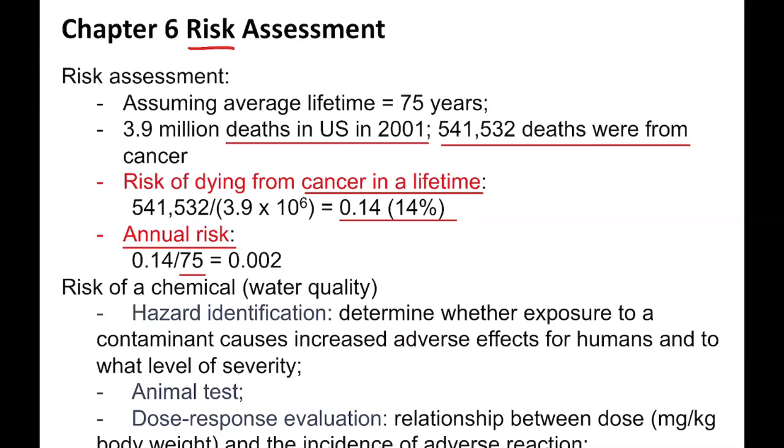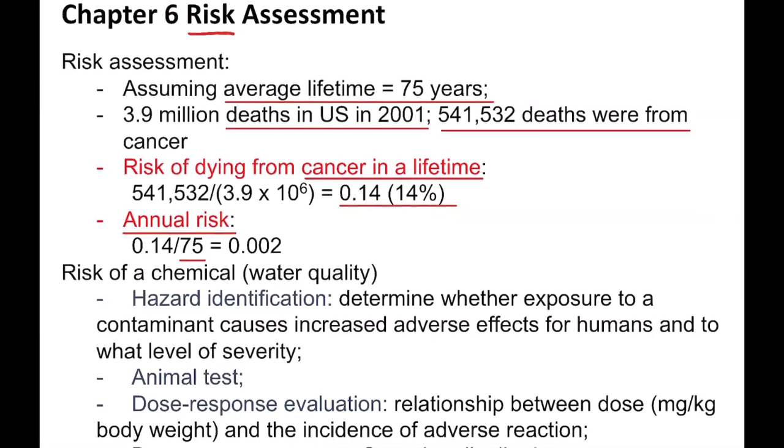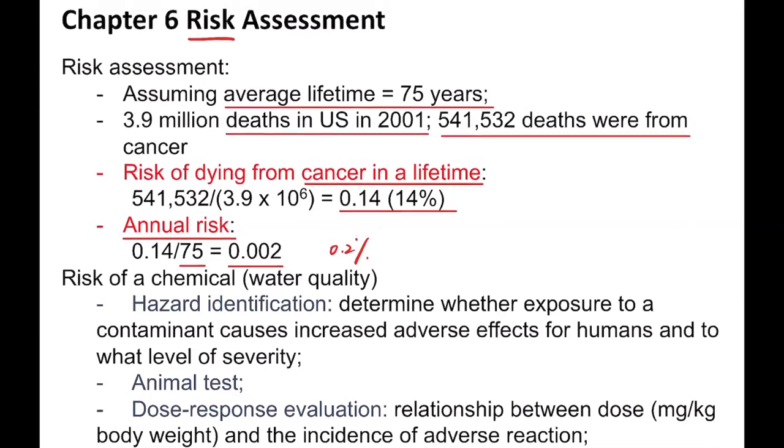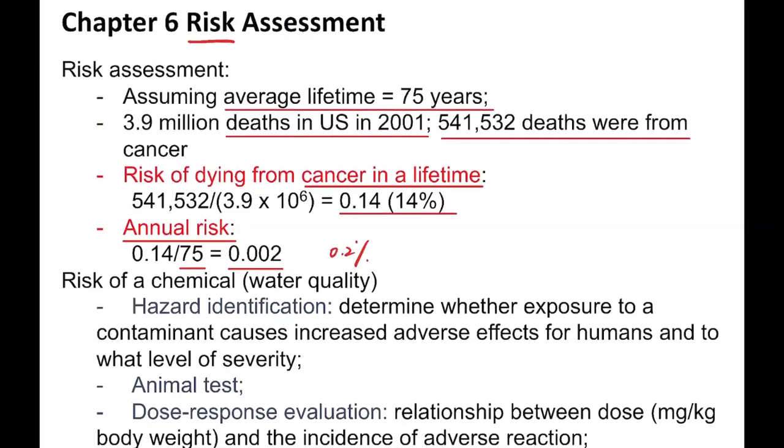We can assume the average lifetime is 75 years. So we just divide this 14% by the entire lifetime, and that's 0.002, or 0.2% in terms of the annual risk of cancer. So this is basically how we evaluate the risk associated with a certain activity.